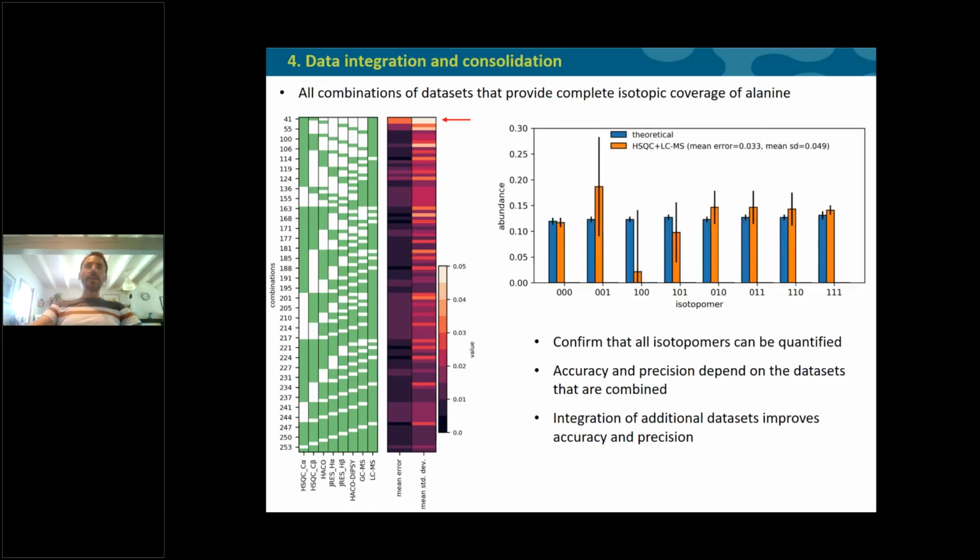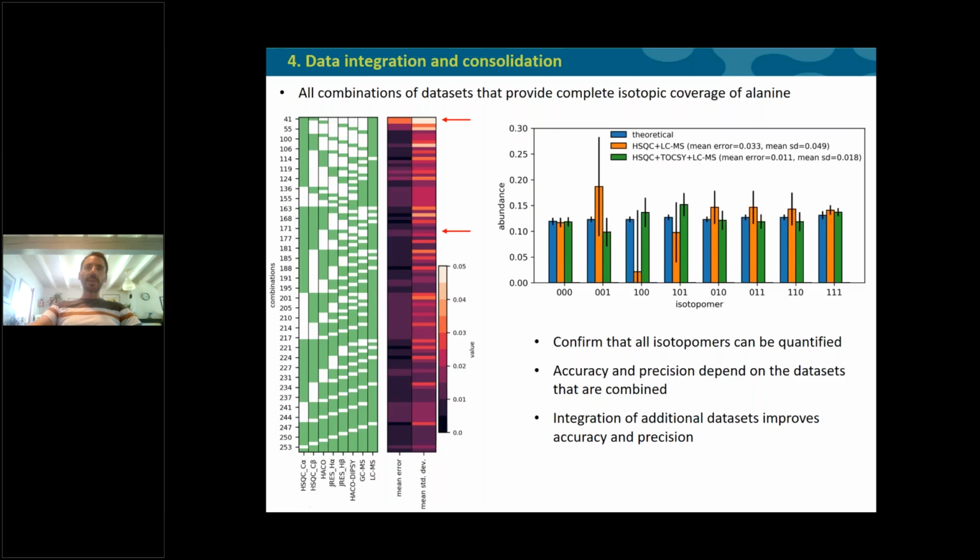For instance, when we just include the minimal data set we need to cover the full isotopic space of alanine, here in blue you can see the theoretical, the expected abundance of each of the isotopomers, and in orange the ones which were determined by data integration. And you can see that for most of them it was very close to what we expected. There were some differences for two of them, but they were not precisely resolved.